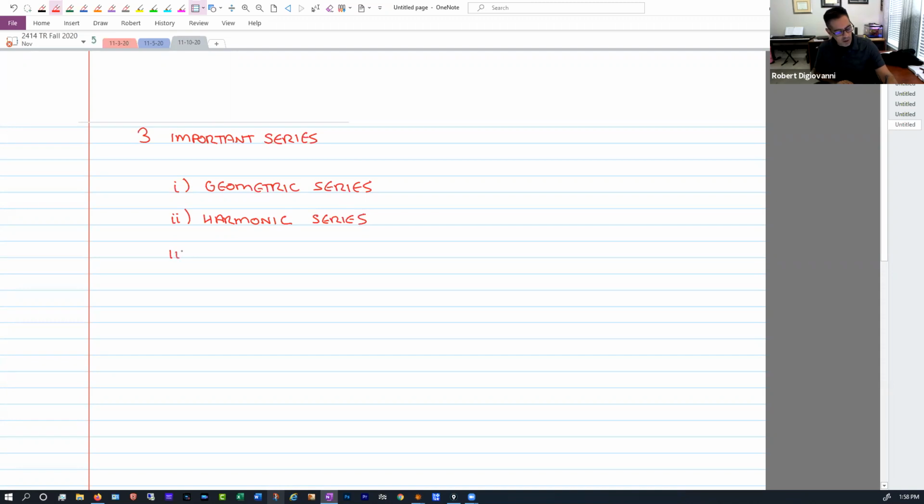And the last one is called telescopic, or sometimes they're referred to as collapsing series. All right. And we've got to go through these one at a time. So let's talk about geometric series first.